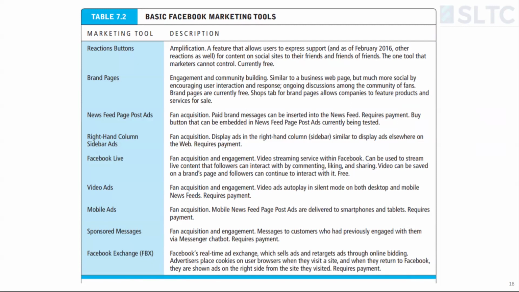And then brand pages. You can have a Facebook page for a brand, for an organization, for a person, product, whatever it may be. Facebook also has something called the news feed, where we can place advertisements. Of course, we can advertise in the brand pages also, but we can also target the feed.